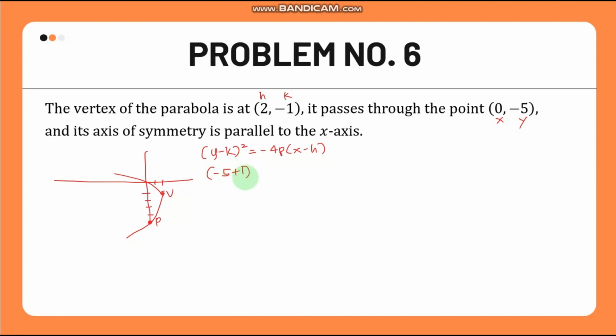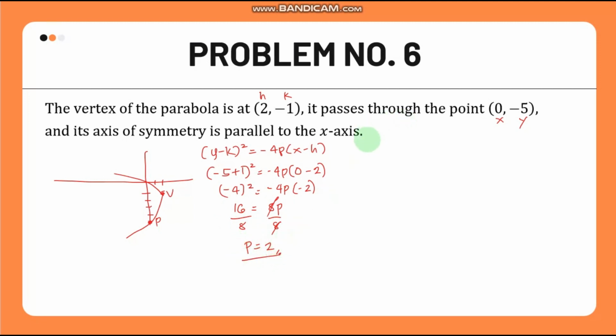So, plus 1 squared equals negative 4p. Our x is 0. The h is 2. Negative 5 plus 1 is negative 4 squared. So, negative 4p. 0 minus 2, negative 2. Negative 4 times negative 4, that's 16. Negative 4p times negative 2, that's 8p. Solving for p, we divide both sides by 8. Cancel. So, p equals 16 over 8, 2.